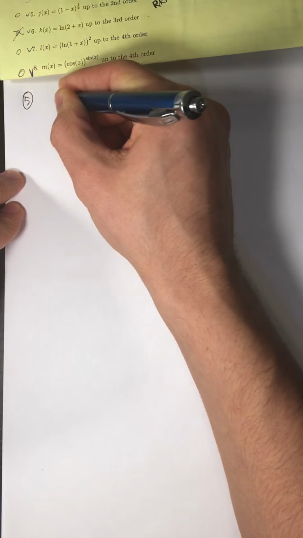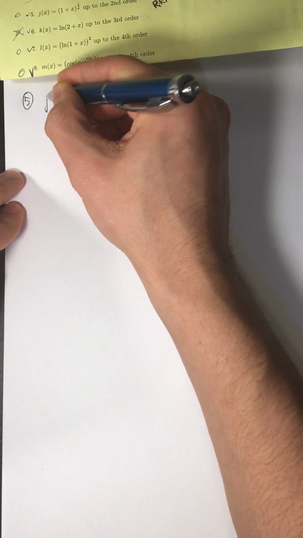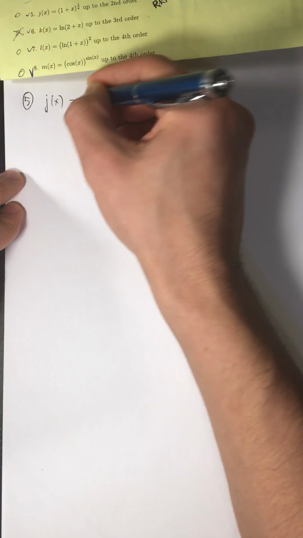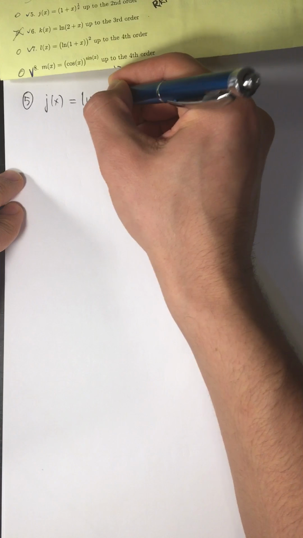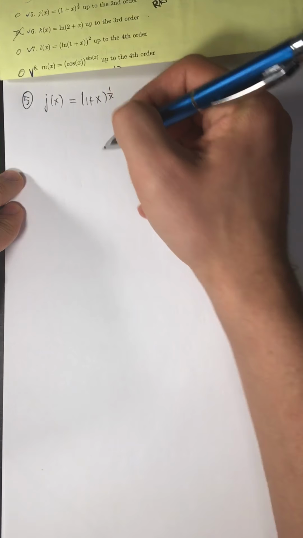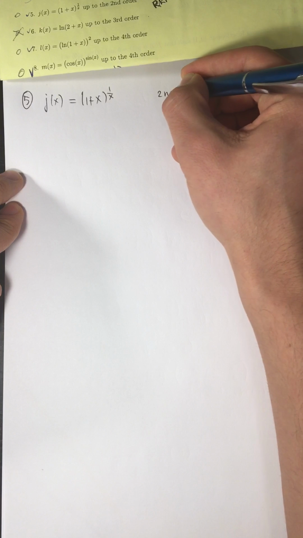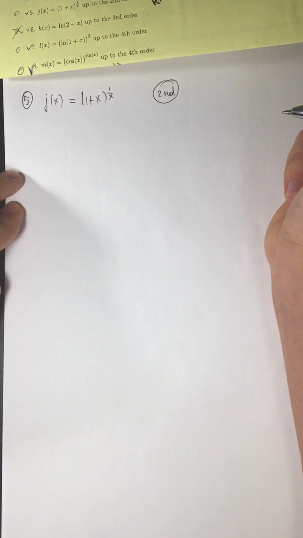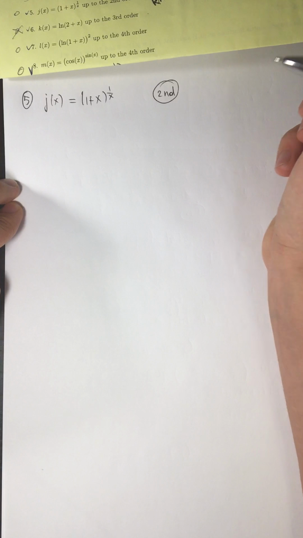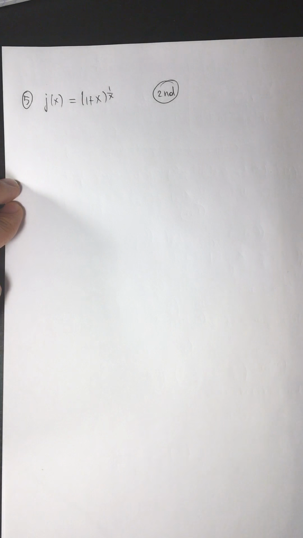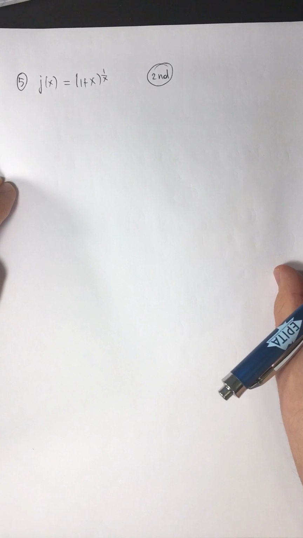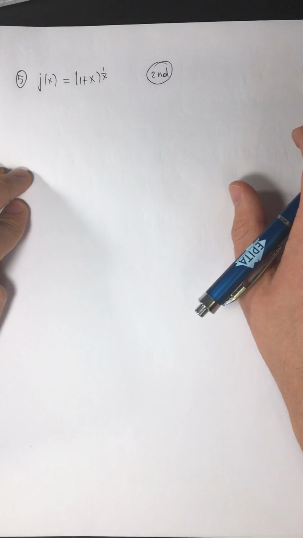We have J(x) equal to (1 plus x) to the power 1 over x, and we need to find the Taylor expansion up to the second order. So this is the question, and now let's continue solving this.